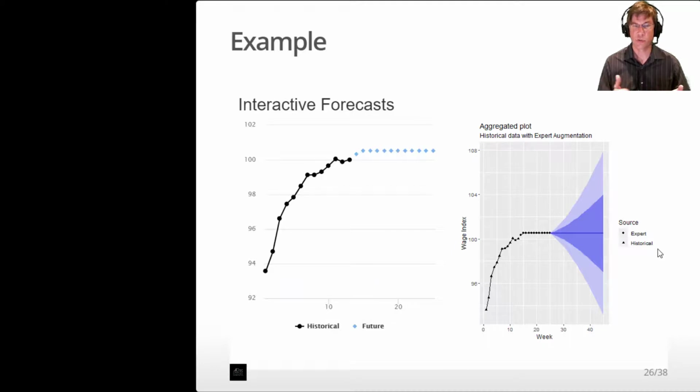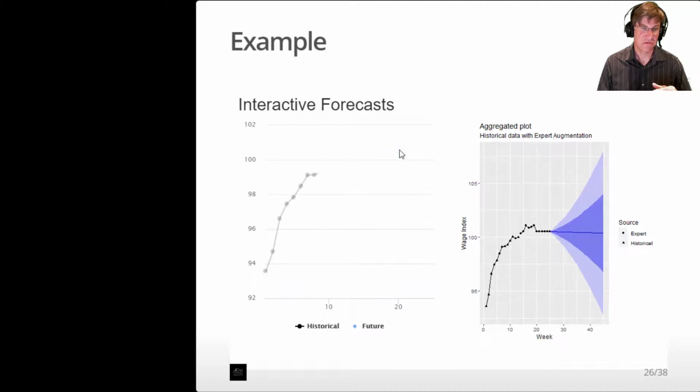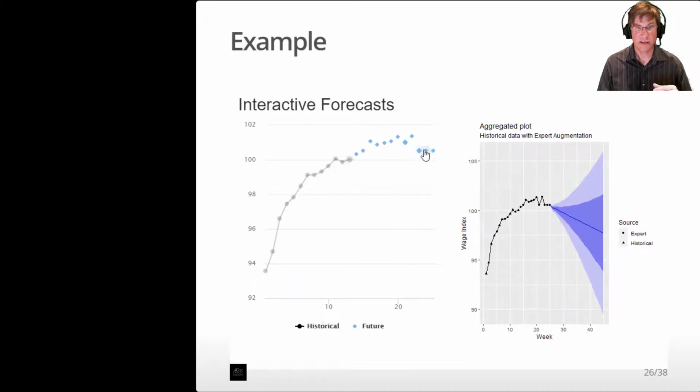Now initially those extra points are the basis of the forecast as shown here on the right. But if I get an expert and say, well, how do you think things will evolve for the next 12 weeks? And I can move these points. And upon moving the point in the GG plot changes. And if I make this slowly increasing based on some kind of random walk up, I can expertly set some kind of forecast.